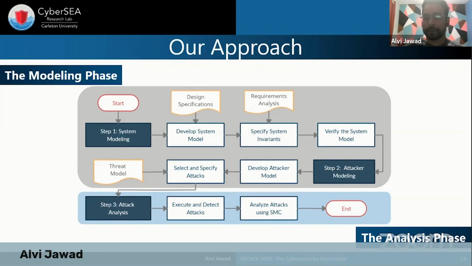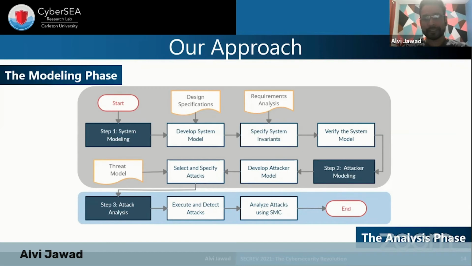And next, we move towards the attacker modeling. We develop an attacker model that can perform different attacks on the system. And we select and specify certain attacks as the attacker can perform. For this, we need information from the threat model of the system. If we have that available for the system, that's fine. If we don't, we can create it at this point. That's all good.